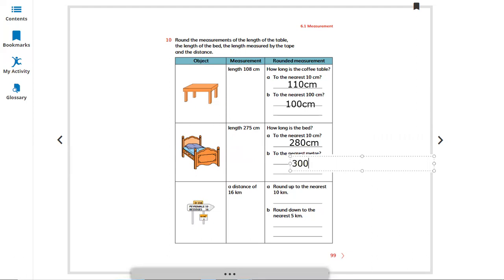And mentioned like this, a distance of 16 kilometer. This one, write in meter, so we have 3 meter also. 1 meter equals 100 centimeter, so 300 centimeter equals 3 meter.